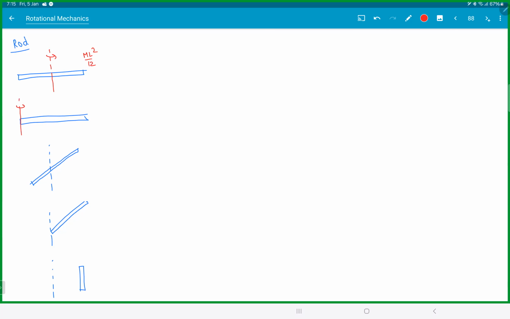About the edge was ml square by 3. About the center at an angle, ml square by 12 sine square theta. About the edge, ml square by 3 sine square theta. Moment of inertia parallel, this thing is md square.